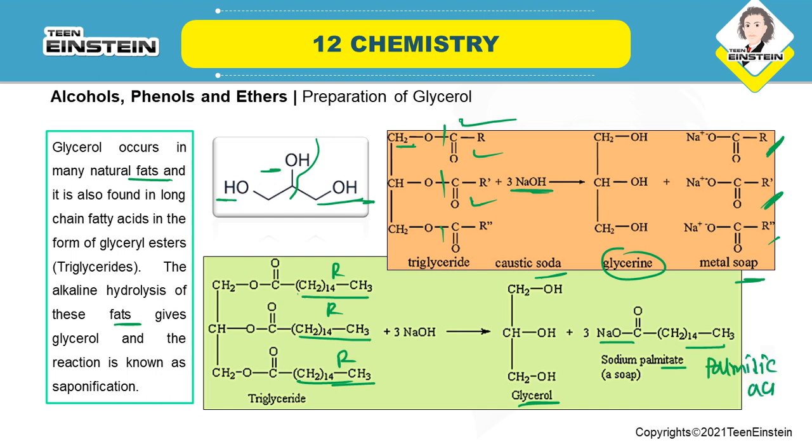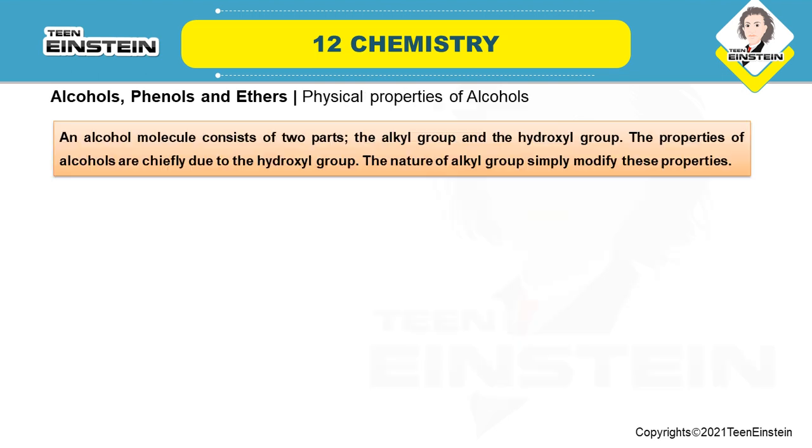So palmitic acid, if you remove the hydrogen of the carboxylic acid, and if there is a sodium ion, it will be the sodium salt of palmitic acid, or you can call it sodium palmitate. Fine. So this is the example of saponification, which is also a method for preparation of glycerol.